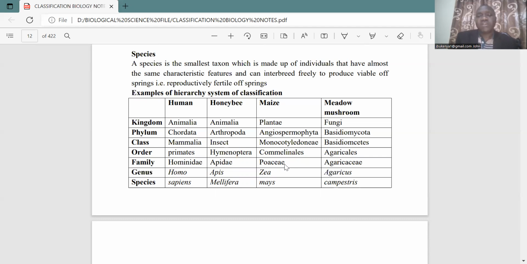Now, nomenclature, the system of naming living organisms, was started by Carl Linnaeus. We follow the Linnaean system, which Carolus Linnaeus, who was a botanist, termed binomial nomenclature, binomial naming of living things.